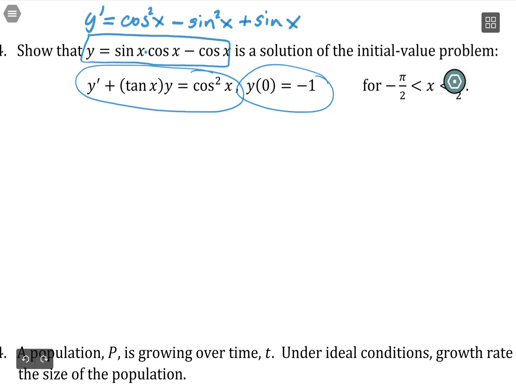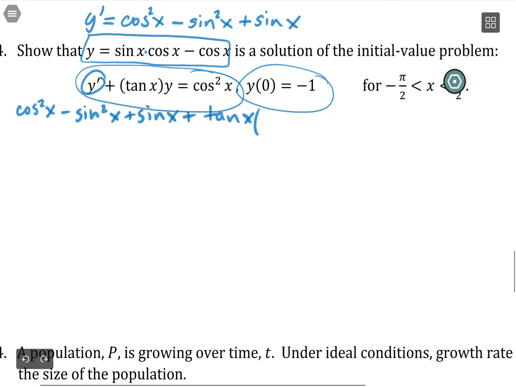Okay, so that is our derivative. So this is going to get a little messy, but let's see if we can wade through it. I see cosine squared, so replacing y prime with what I just found, cosine squared x minus sine squared x plus sine x plus tangent x times that original function, sine x cosine x minus cosine x.